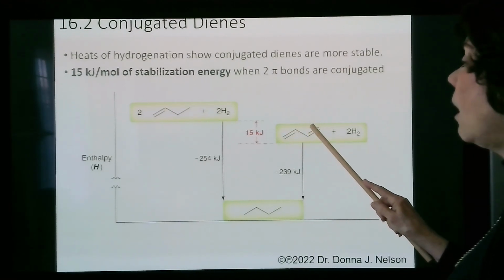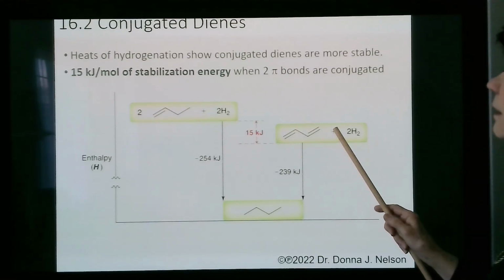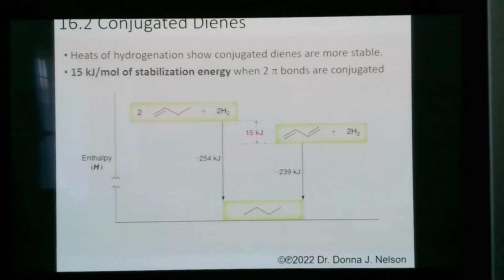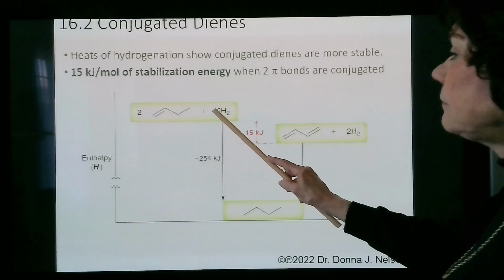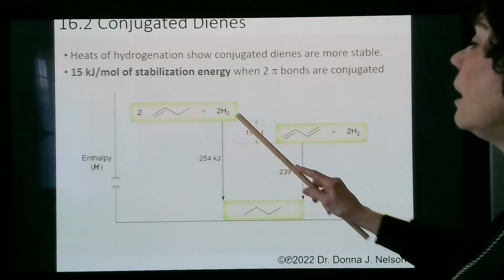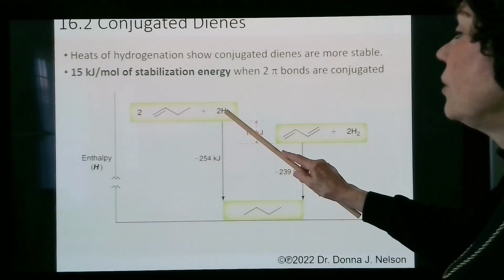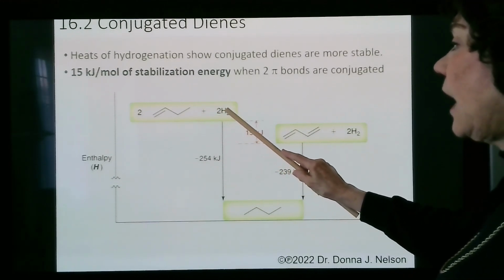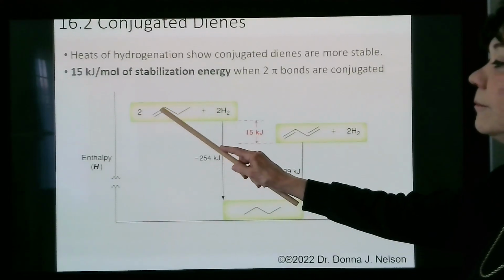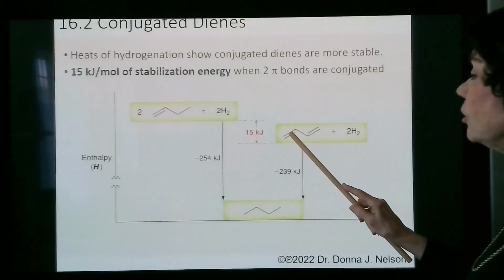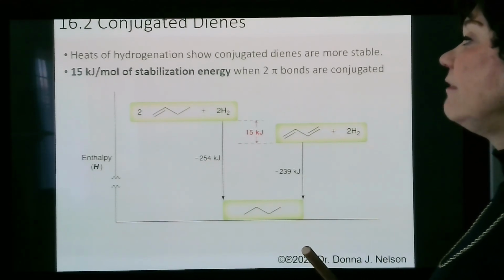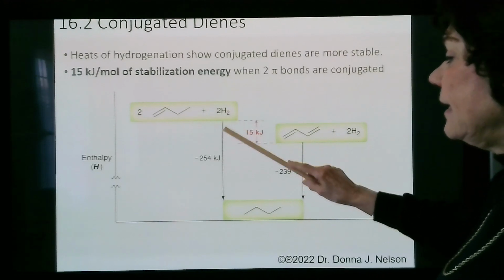And so the goal is to see what sort of stabilization this brings to the molecule. Both of these are separately, in separate containers, hydrogenated. In other words, hydrogen is added across the pi bond, and here hydrogen is added across both of these pi bonds, and the amount of energy that's given off is measured.